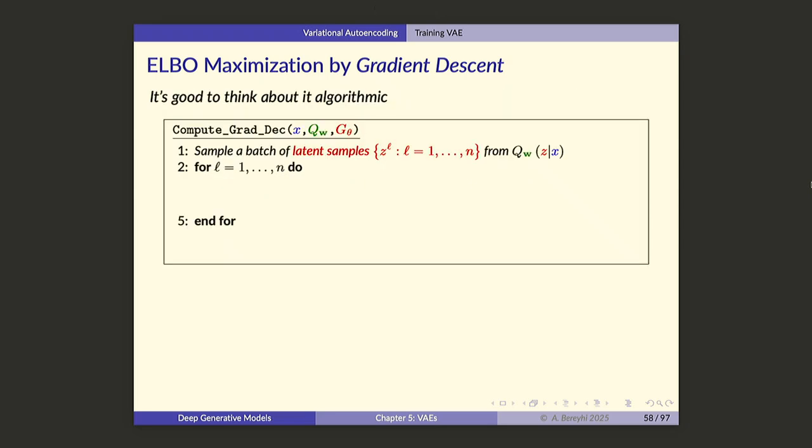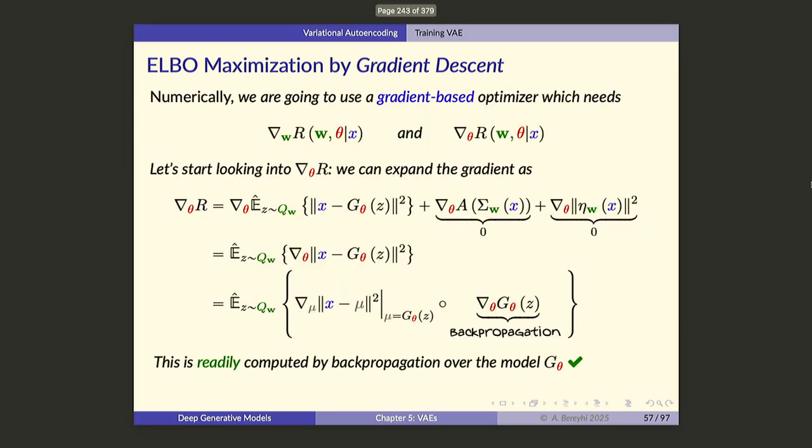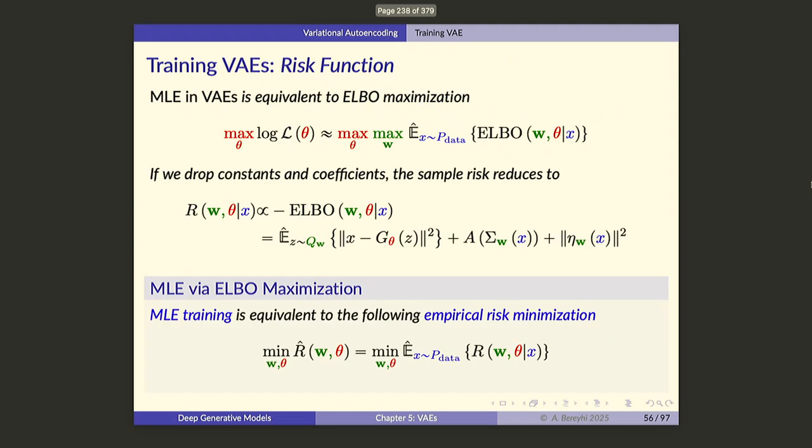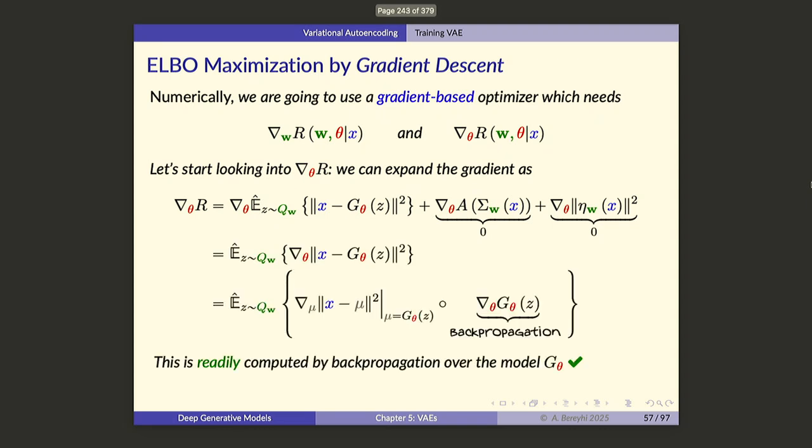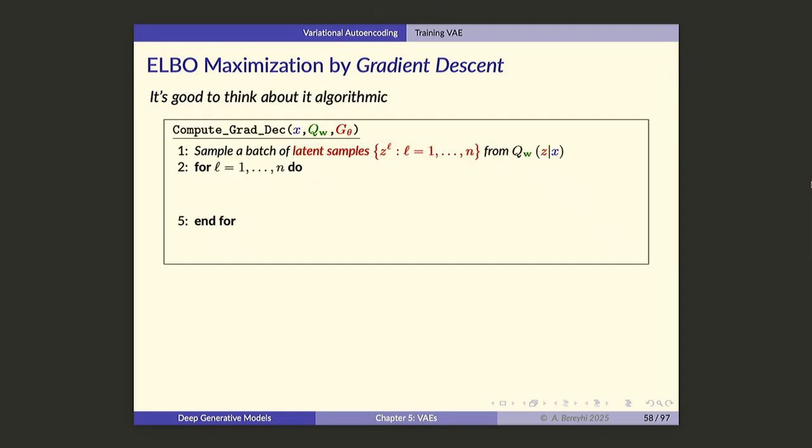Now, given that we have this particular expression for R, the risk, which is depending on the expectation over the encoder, let's take a look and see how exactly we can compute it if we are in practice implementing this. So this is not quite a hard thing to do. Essentially, if I am thinking about one single sample X, I have my encoder already there, so Q is already available, right?